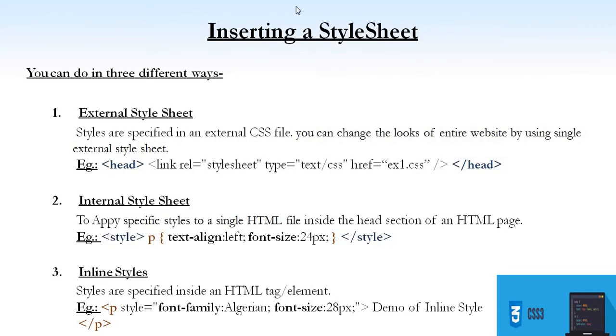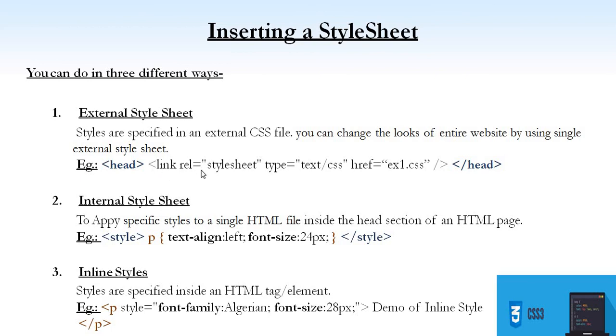So let's see how to insert a style sheet in our HTML page. We have three different ways. One is the external style sheet. In this case, you have to make an external file with the extension .css, and you have to include that file in our main HTML file with the help of the link tag.